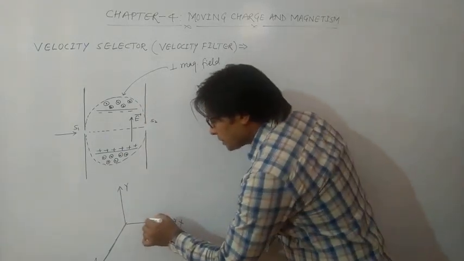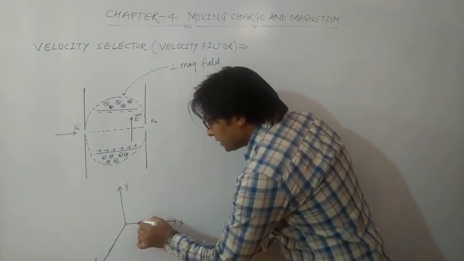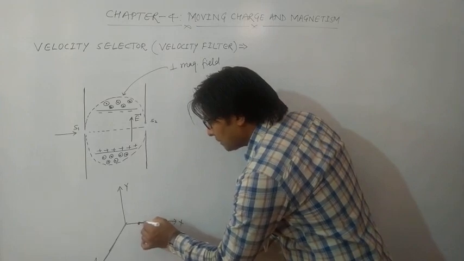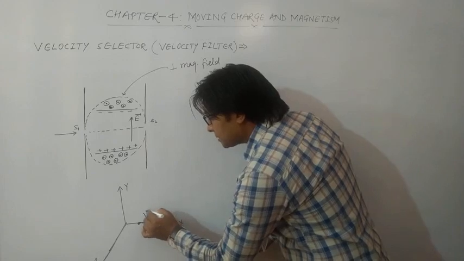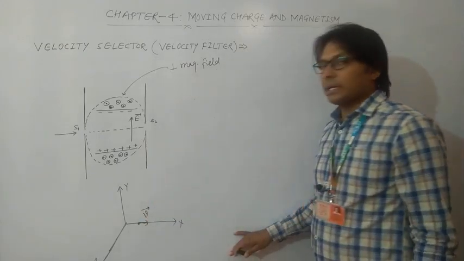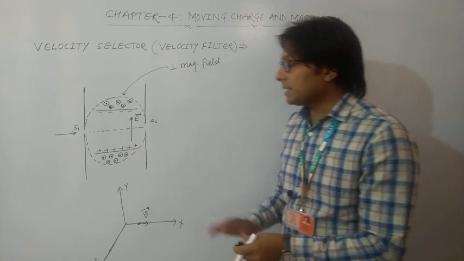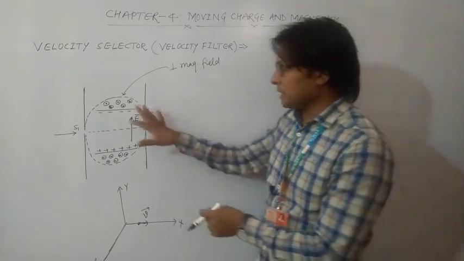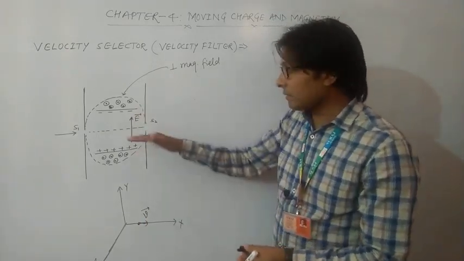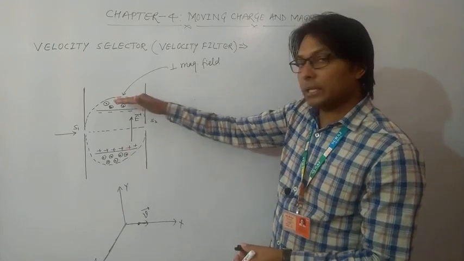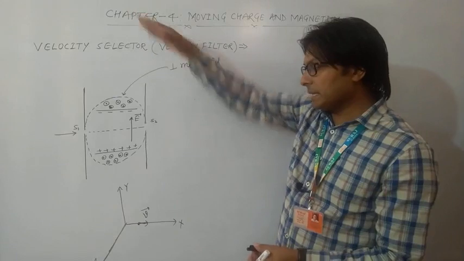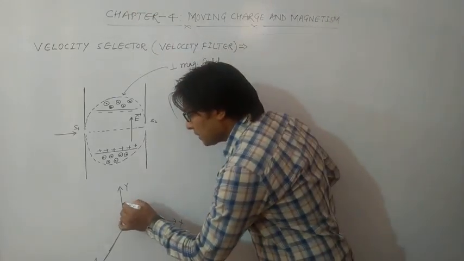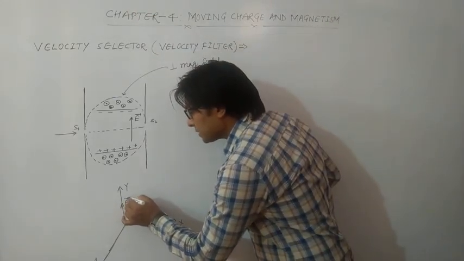So the velocity vector is in the x direction. The direction of electric field, which we can see from here, is from the positive to the negative charge plate, which I consider as the y direction.